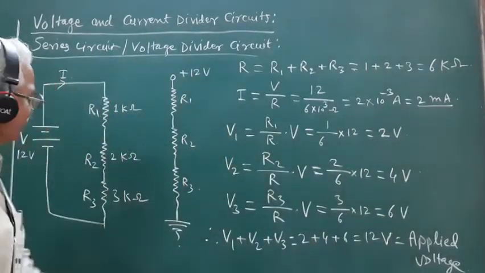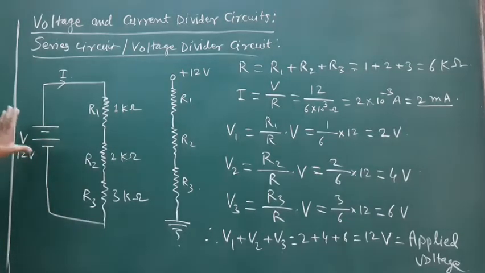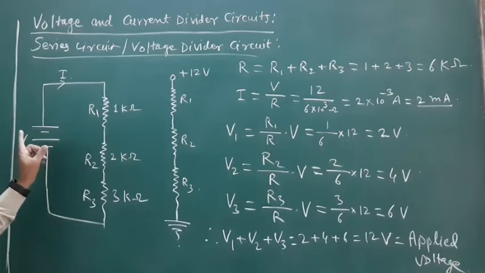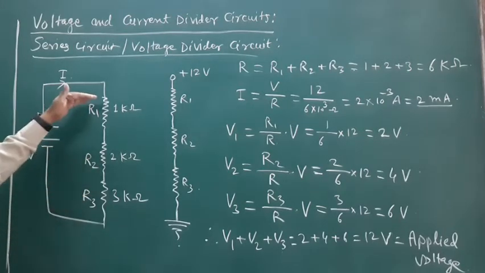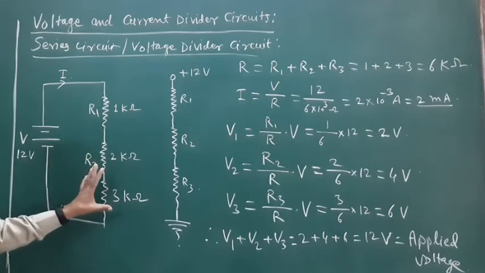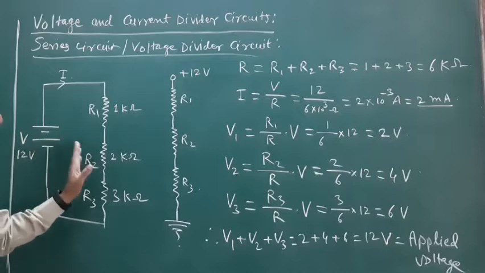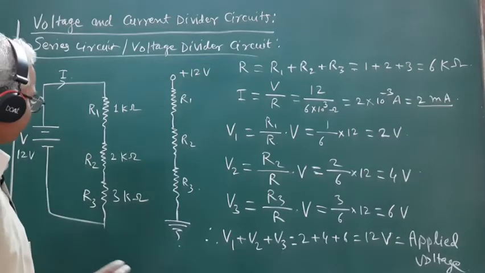So what we observe here is that in a series circuit, whatever voltage is applied with the help of the source of EMF gets distributed over all the resistors connected in series combination. So this is called a voltage divider. This is called a voltage divider circuit.